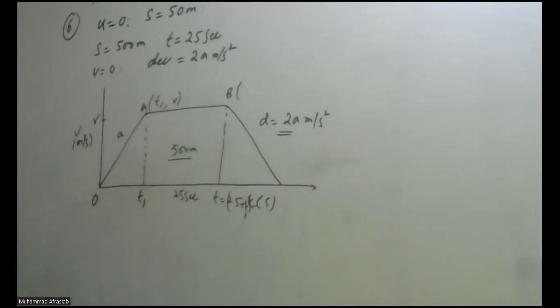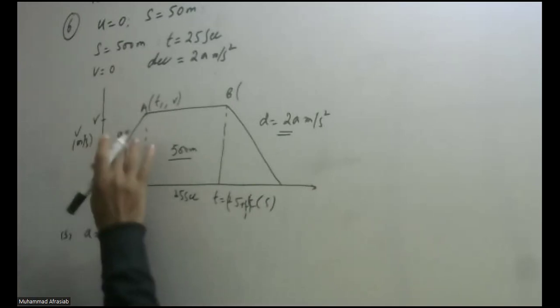So this is the velocity-time sketch of this graph, and now we will find the value of a for the second part.